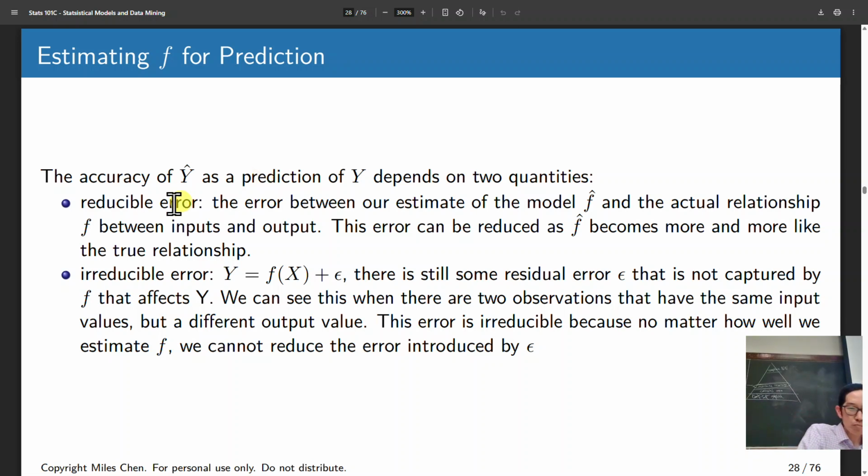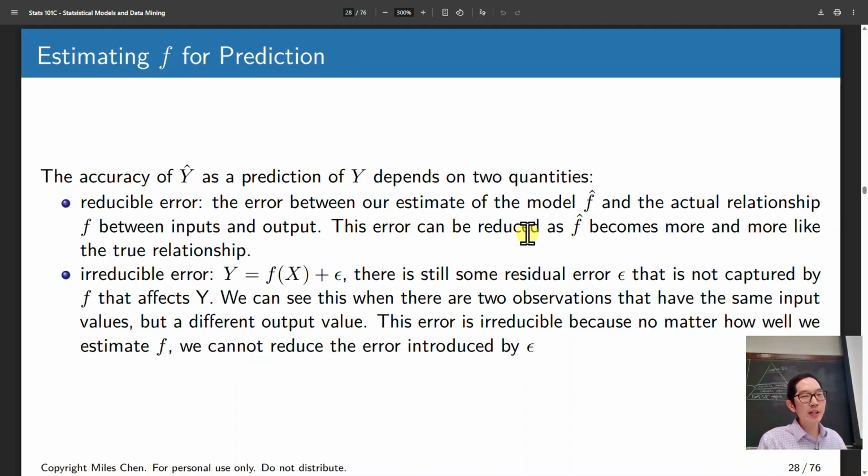Reducible error is basically the error between our estimate of the model and the actual relationship, right? Our function is producing outputs, and how different is our model's output from the actual value that exists in the universe? That's the reducible error, okay?